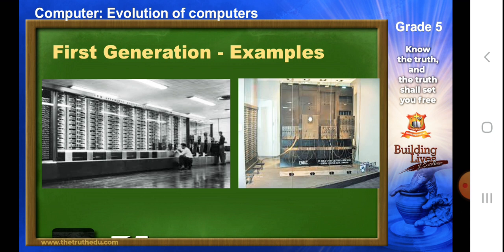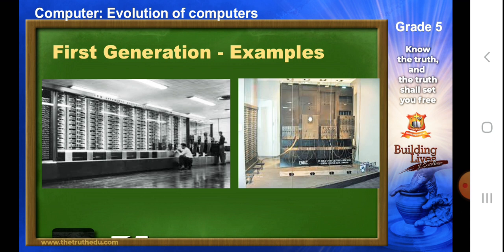Then we discussed EDSAC, the Electronic Delay Storage Automatic Calculator, designed by Professor M. Wilkes, which weighed around 6,000 kilograms. So the size of it has come down from 27,000 kilograms to 6,000 kilograms. So still the journey is long, right? So next was the EDVAC. EDVAC stands for Electronic Discrete Variable Automatic Computer.